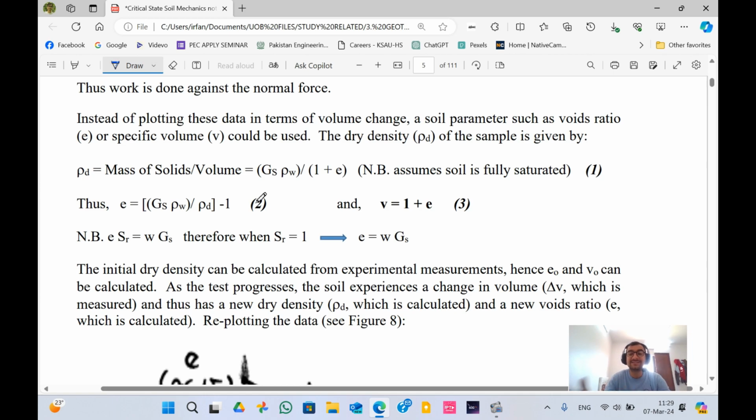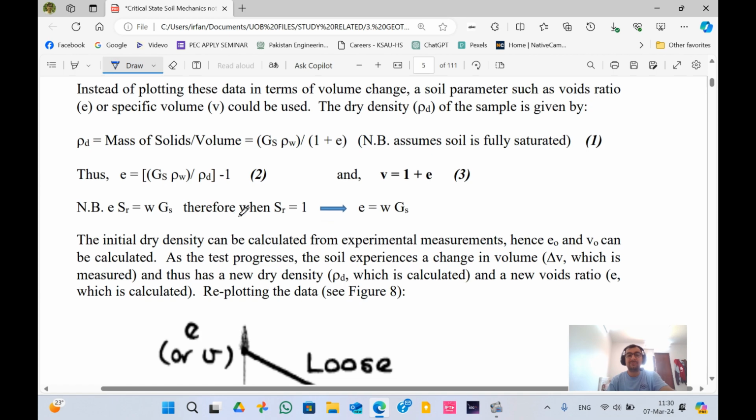Dry density means the soil sample is dry: mass of solids divided by volume, and this is the specific gravity times the density of water divided by 1 plus e, where e is the void ratio. This is the basic formula of dry density in the soil mechanics module.